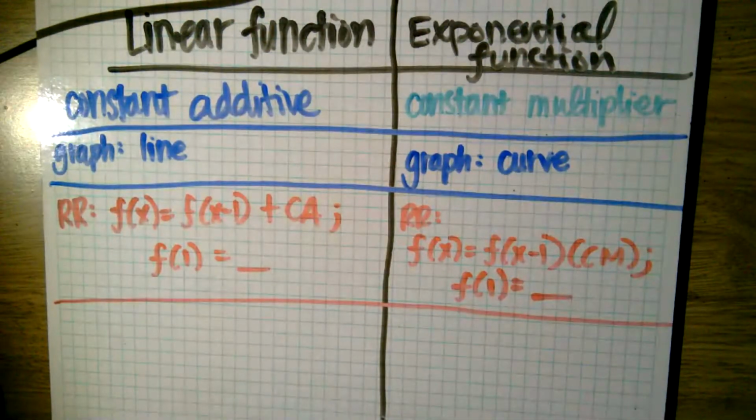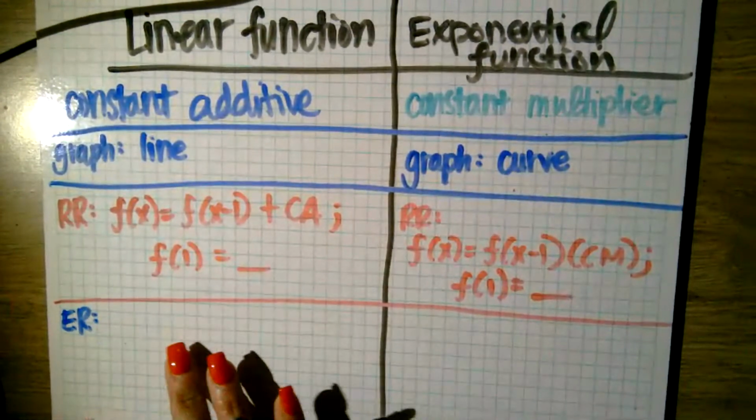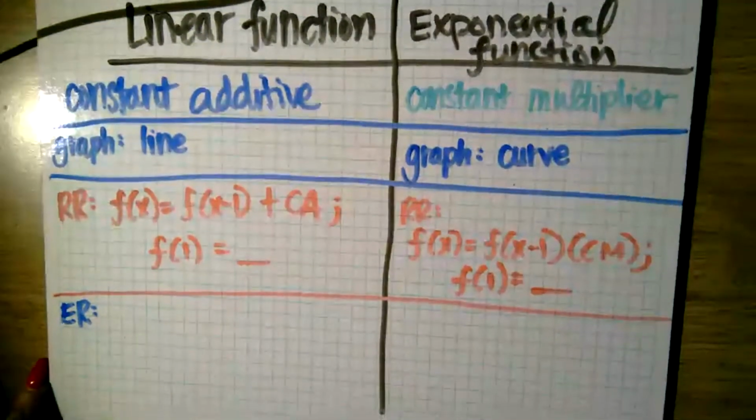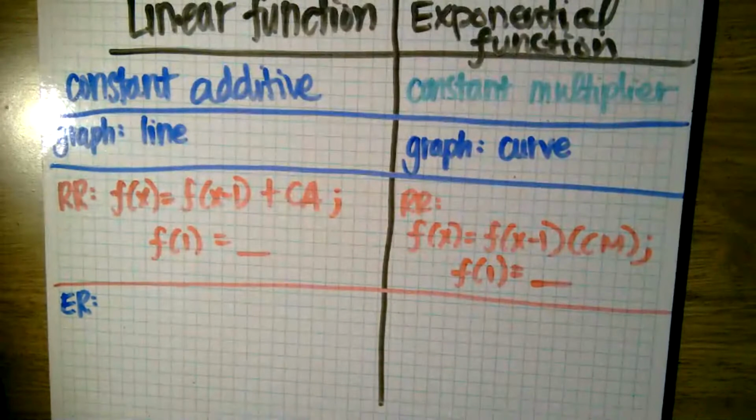And here comes the explicit rule. Again, I'll start with the input-output one, and then I'll end with the simplified version, the f of 0 format.